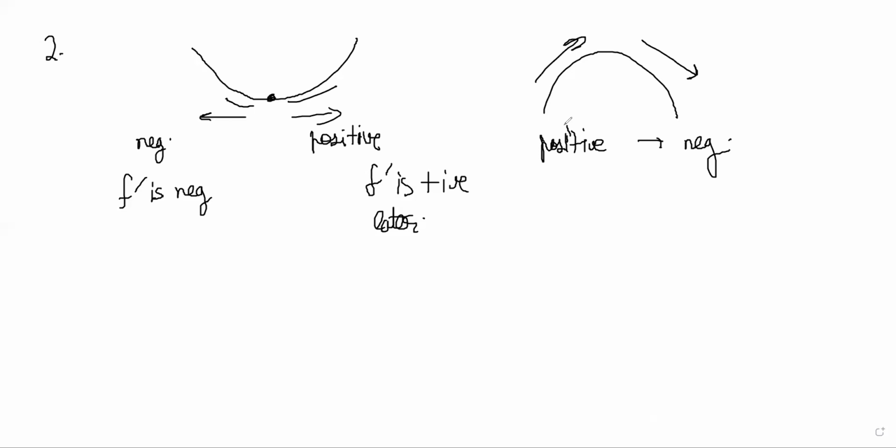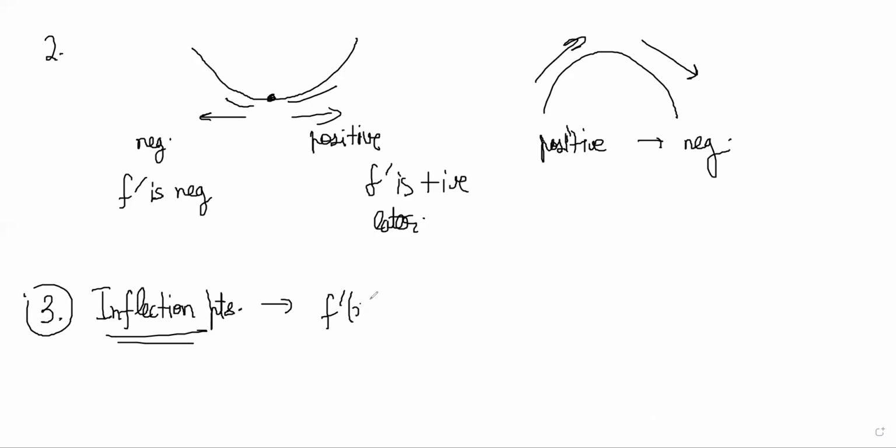There are however some special points which are called inflection points. They are special because your first derivative is 0, but it does not change sign as expected.